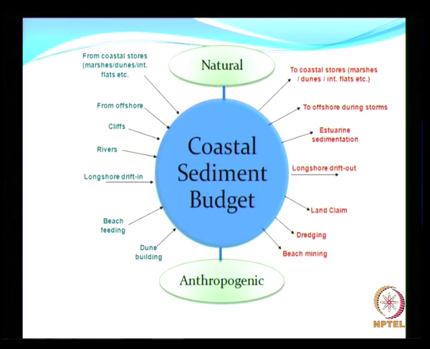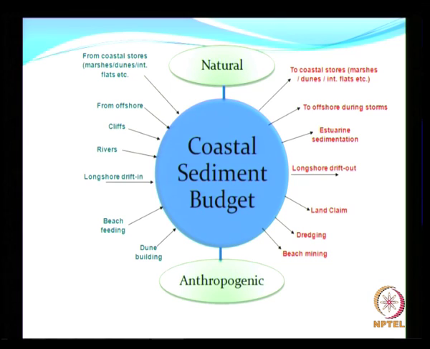From coastal dunes, tidal flats, marshes, etc., you can have some amount of sand coming into the coastal area. Then from the offshore, if you have cliffs, there can be some sand from the cliffs, and there is also some sediment supply.